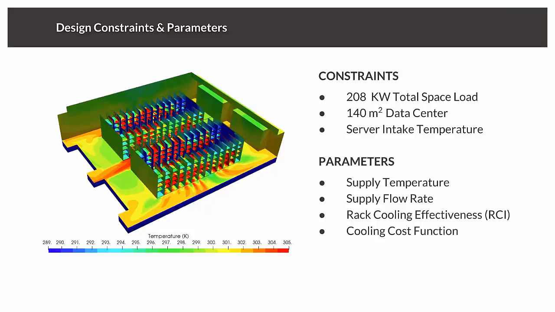The parameters that we can actually modify are the supply temperature that is being put into the servers and the flow rate that is being outsourced through the C racks, and what we'll be controlling is the rack cooling efficiency with the parameter RCI, which I'll explain in a moment. In general, the idea will be to reduce the cooling cost function that we'll introduce towards the end of the presentation when we talk about the results.